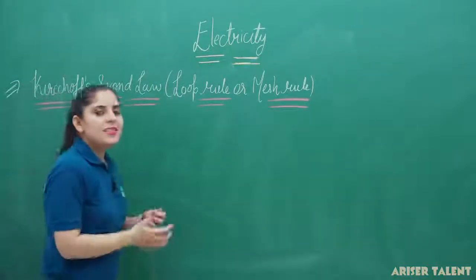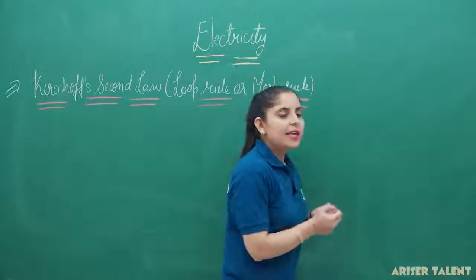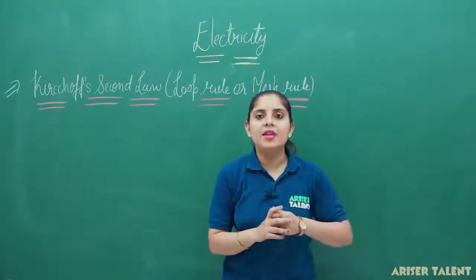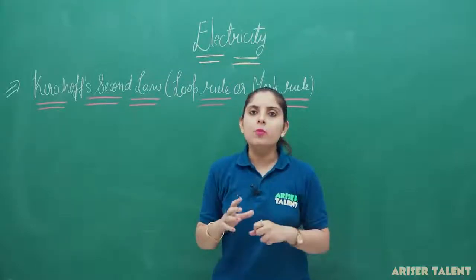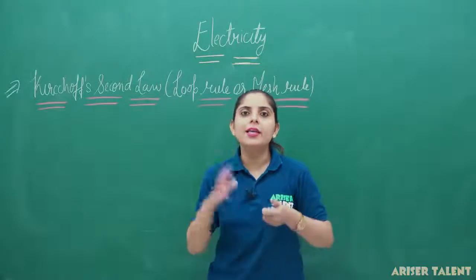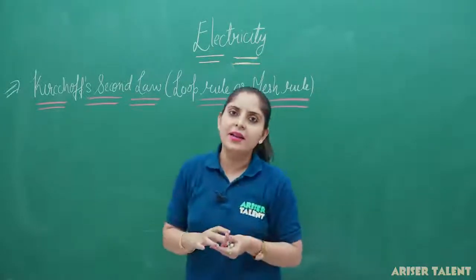Now, what does the second law state? The second law basically states that if you are taking any loop or mesh, then if you multiply the current with the resistances, it will be equal to the EMF present in that circuit.